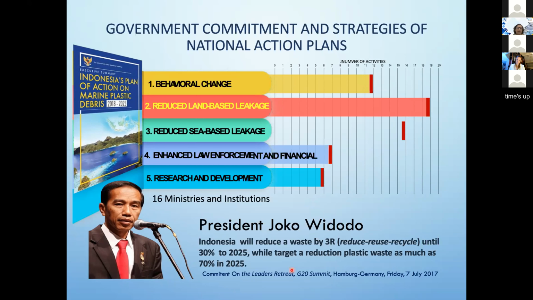And we have five commitments: behavior change by education, reduce land-based leakage, reduce sea-based leakage, enhance law enforcement and financial support, and also research and development. This includes 6 ministries and institutions.